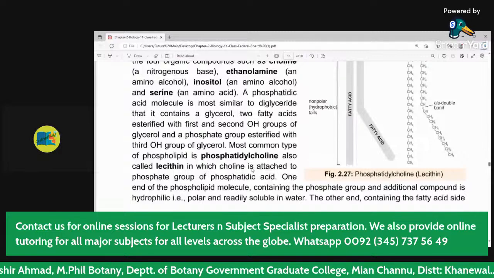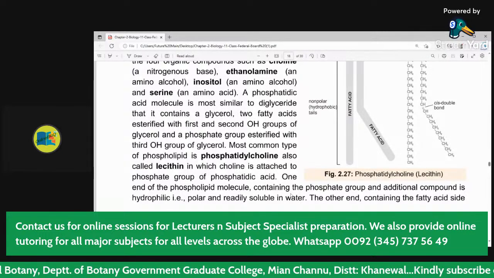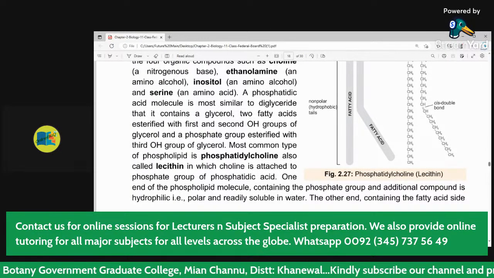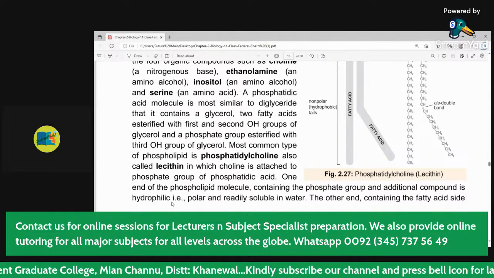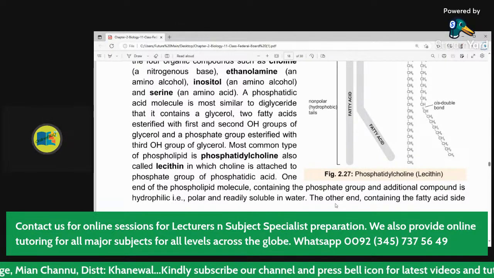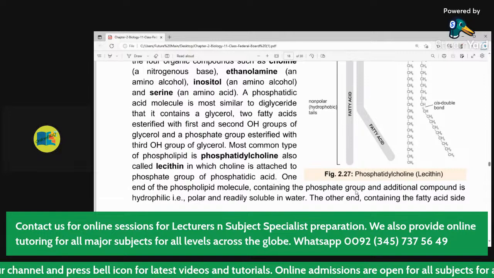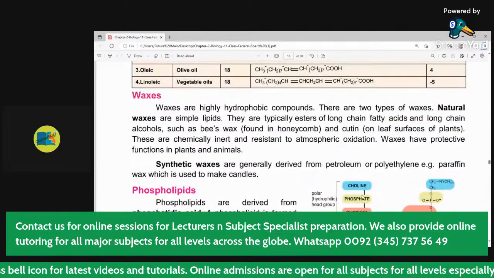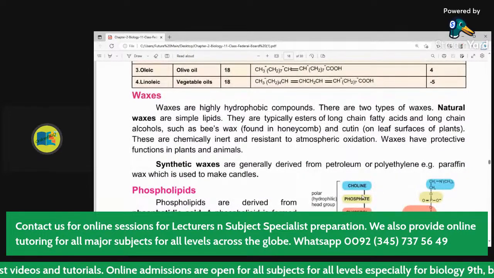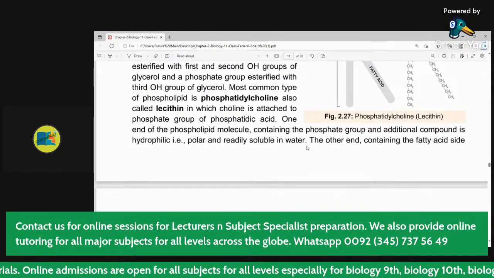One end of the phospholipid molecule, containing the phosphate group and the additional compound, is hydrophilic, polar, and readily soluble in water.